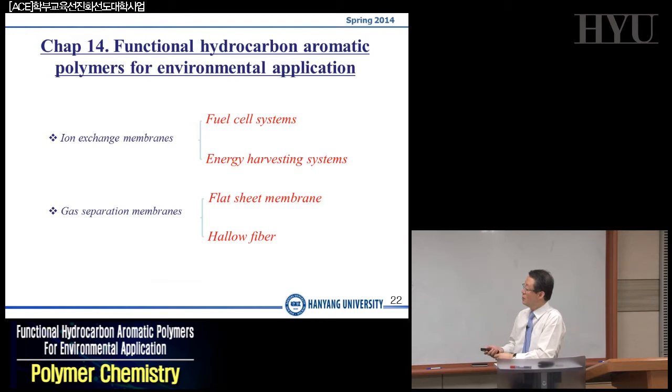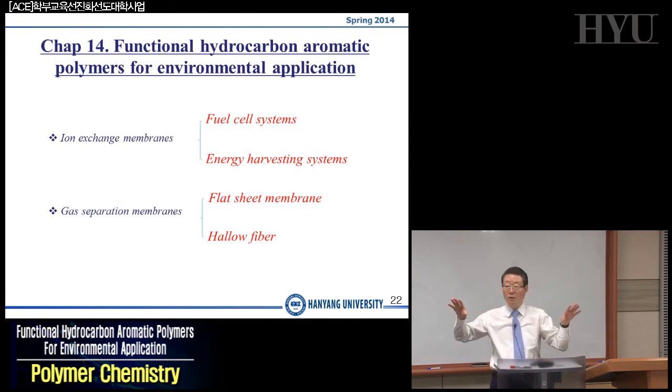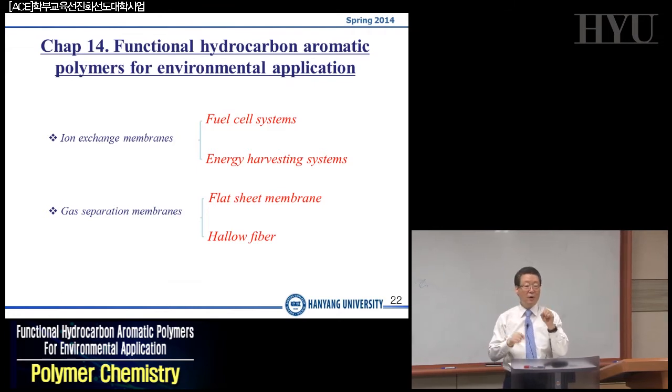Perhaps you know the ion exchange membranes. Ion exchange membranes are in the form of a polymer containing some ions. If you have negatively charged groups, such as a sulfonic acid group or carboxylic acid group, in your polymer, then you have SO3 minus and H plus, or COO minus and H plus form, right?